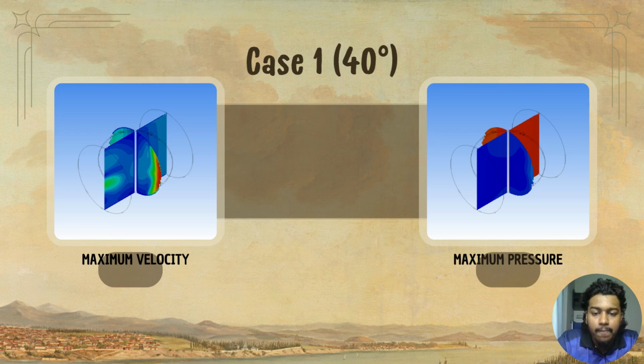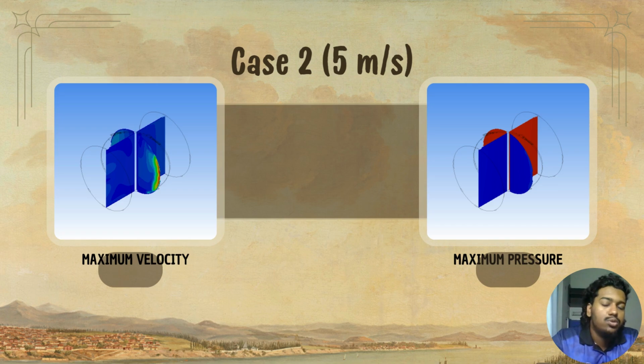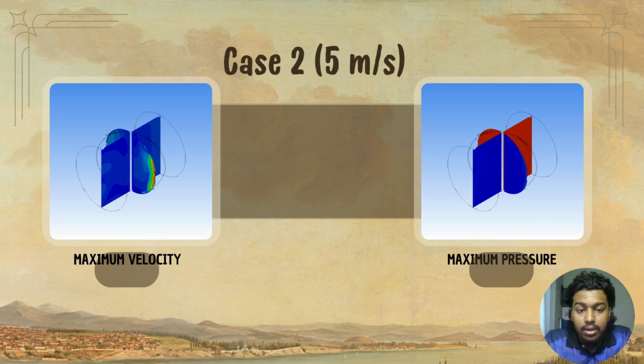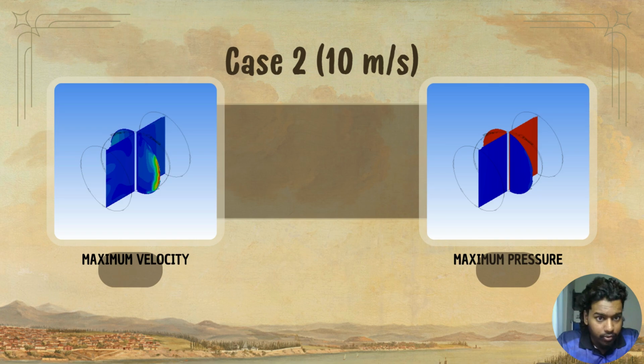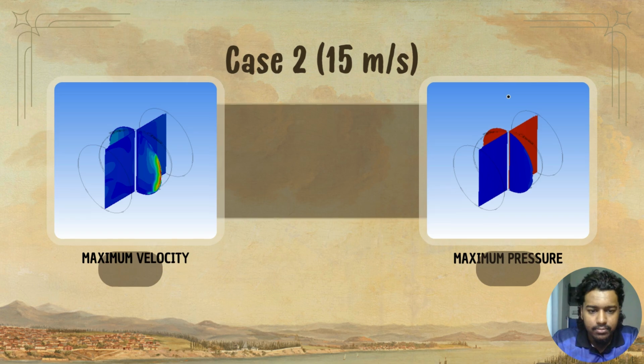As you can see, there is a lot of difference in maximum velocity compared to the other two contour plots. Now case 2, which is 5 meters per second of inlet velocity. As you can see, that is the maximum velocity and maximum pressure. And then for 10 meters per second and 15 meters per second.